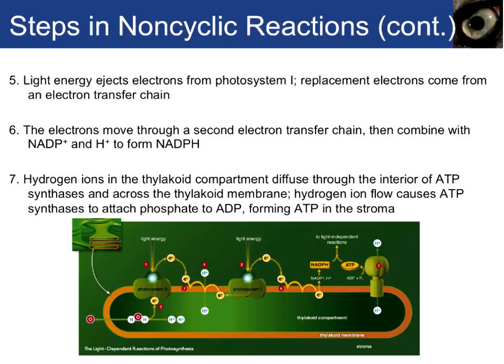So what's happening is you have an electron here, the light energy excites it, it bounces down the chain and goes to photosystem 1. Again, low energy here at the bottom, it's excited to high energy, it uses up that energy to pump hydrogen across, and now it's low energy again when it gets to photosystem 1.